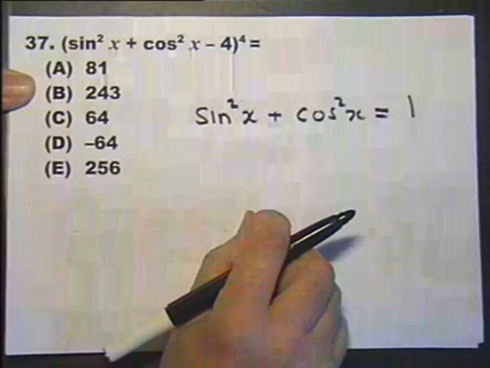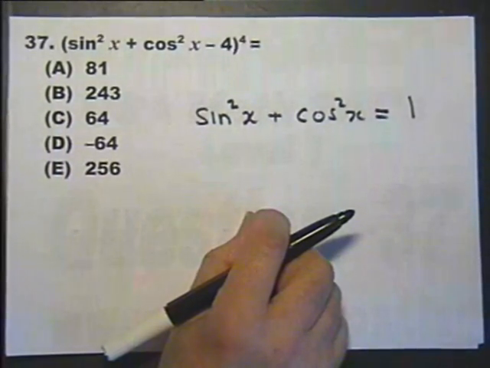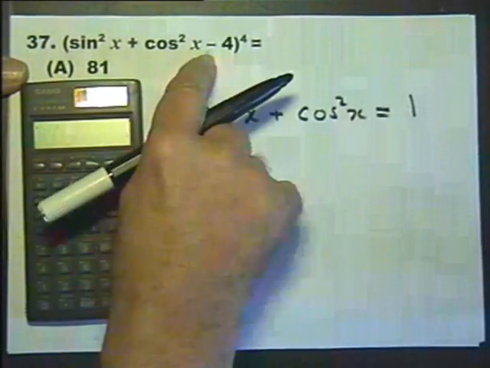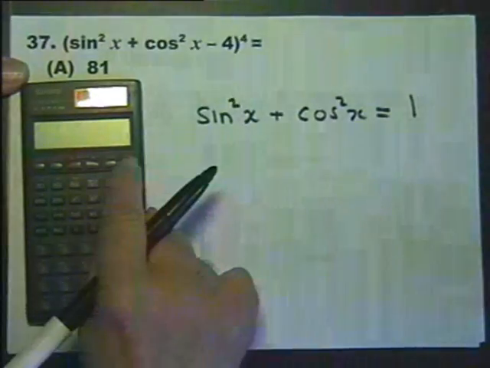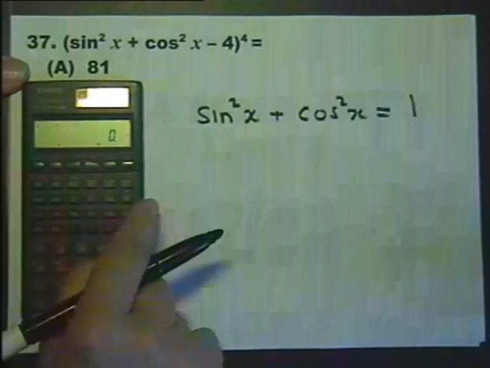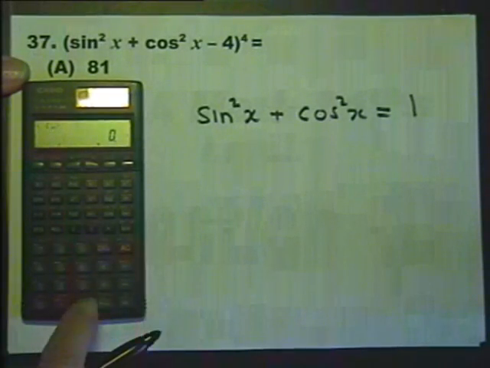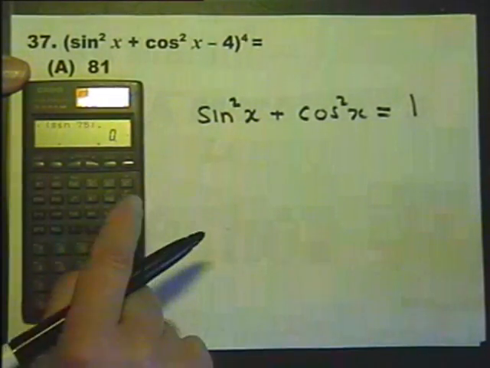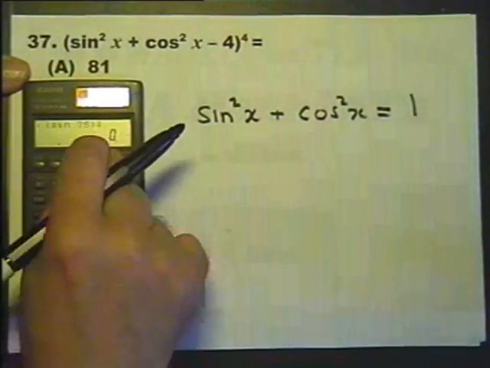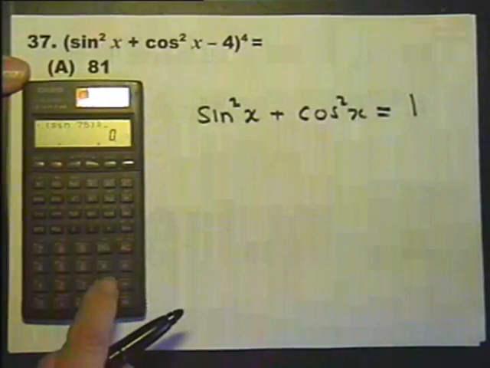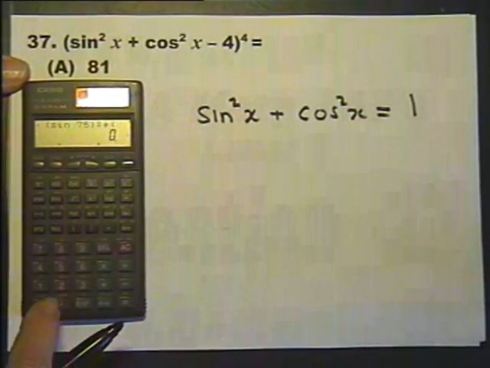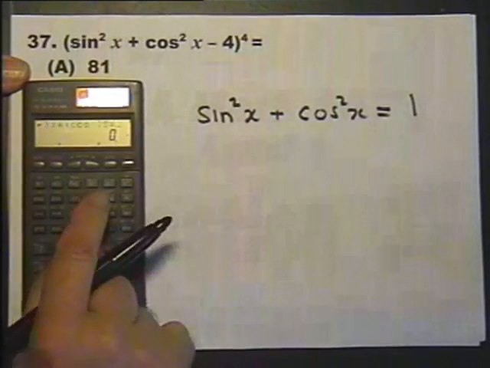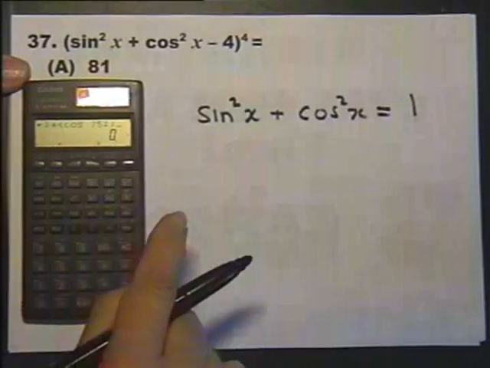If you don't recognize that, then you could experiment with the calculator by using any angle you like as x, 75, and do bracket sine 75 close bracket squared, making sure it's in degree mode by the way, plus open brackets cosine 75 squared close brackets.